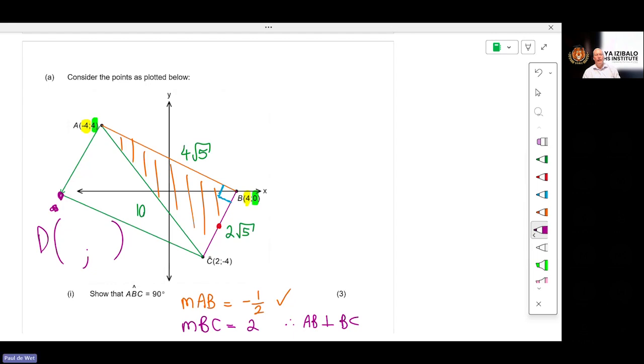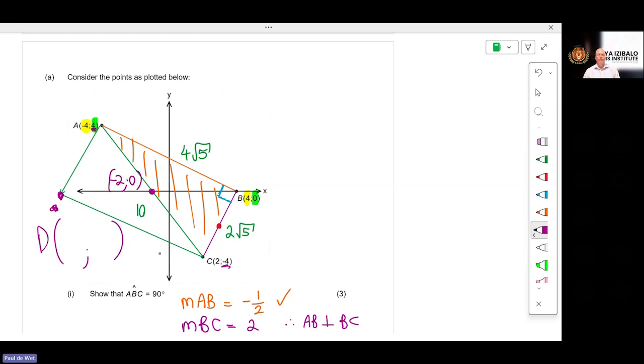Oh, no, careful. 4 and minus 4. Halfway between 4 and minus 4. The midpoint of AC. Your -2 is correct. What's halfway between this point and this point? 4 and -4. 0. You're absolutely right. This here is the midpoint. It's -2, 0. Okay. Right.